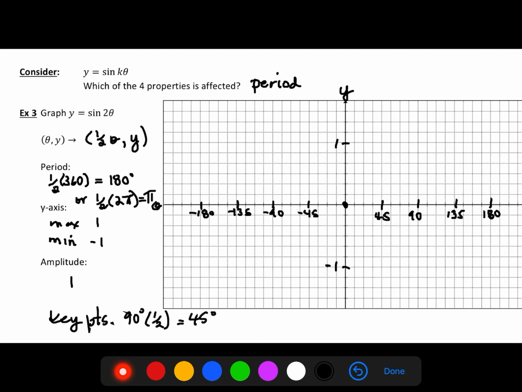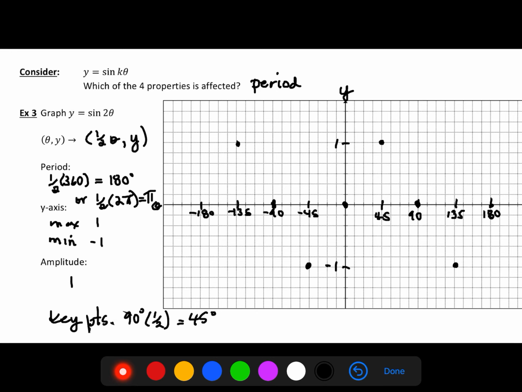And we can plot this again, just like we did before, but our key points are now every 45. There's no stretch vertically or compression or translations, no reflection.